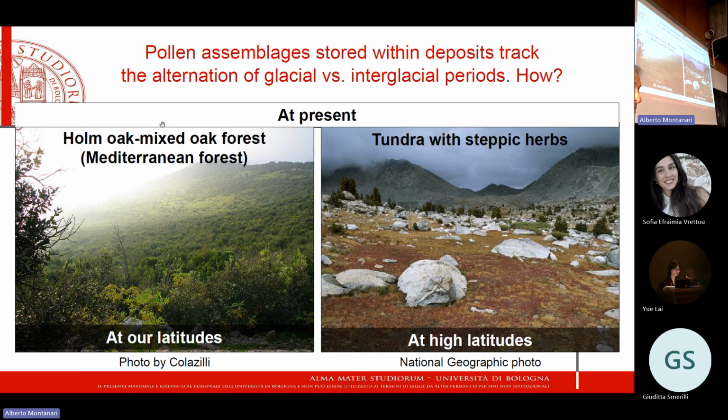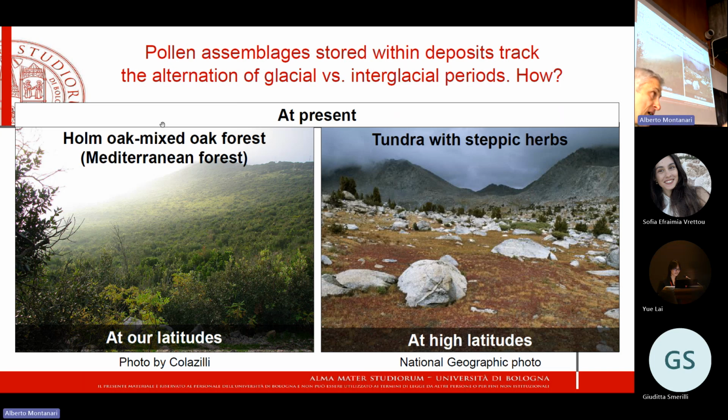And for instance, if we look at the current distribution of vegetation, here you see two examples: at our latitudes, the Mediterranean forest, at high latitudes, the tundra. So if we find remains, pollens from tundra at our latitudes, and we can date them, at that date the climate was colder.